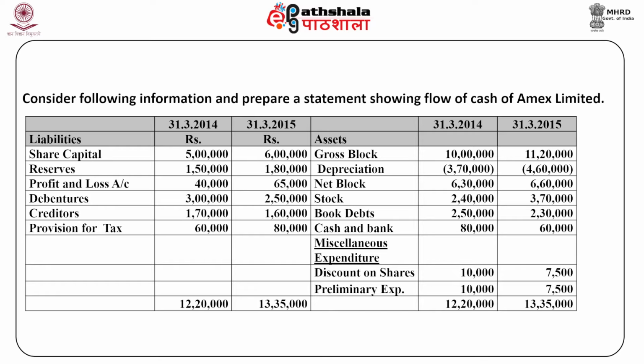Cash and bank balance 80,000, 60,000. Miscellaneous expenditure: discount on shares 10,000, 7,500. Preliminary expenses 10,000, 7,500. The total of assets for the 2 years is 12 lakh 20,000, 13 lakh 35,000. Similarly, for liabilities 12 lakh 20,000, 13 lakh 35,000.